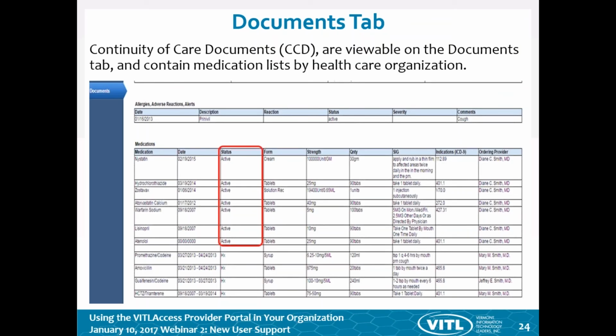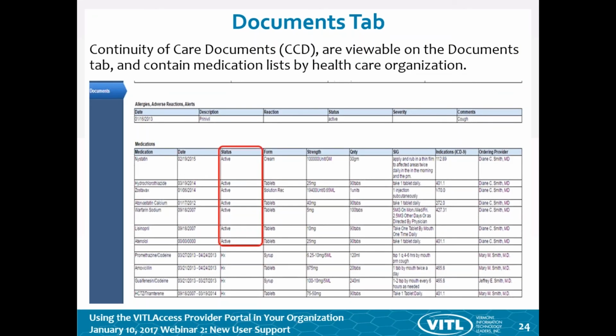This list gives you a broader perspective of the patient's medical history and medications. So if you're trying to reconcile a patient's medication list using VITLAccess, you can go to the Encounters tab to view a provider's note, which may contain prescribed medications, or medications administered at the time of the encounter.